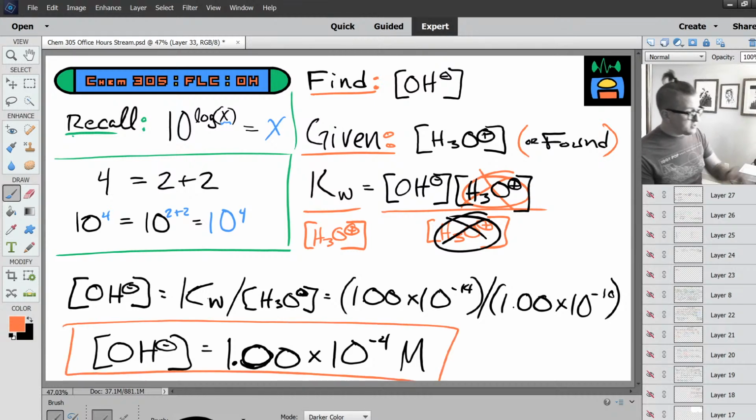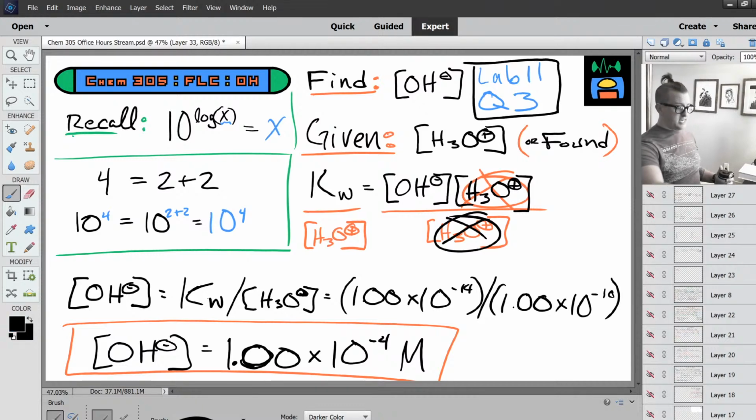All right, now I see there's been a pileup of questions since I started working this problem. This was Lab 11, question 3. I did this to find the concentration of hydronium using the pH, and then once you have the concentration of hydronium, you use the Kw to find the concentration of hydroxide.